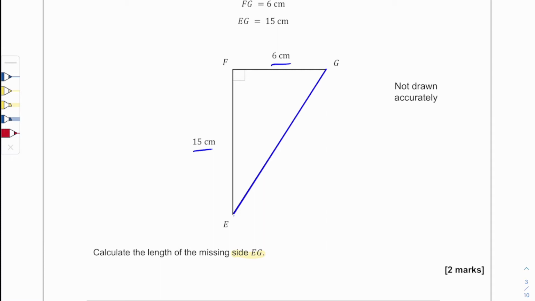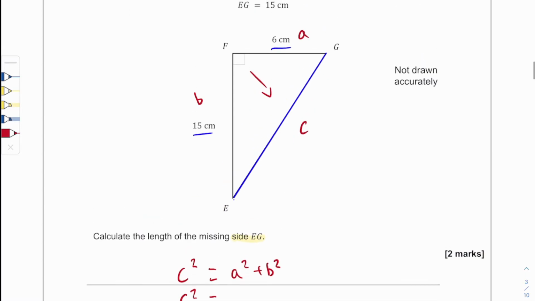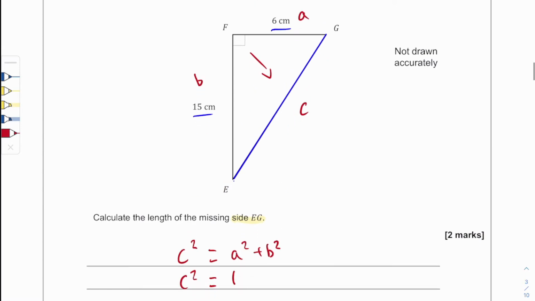Okay, so let's label our triangle. So opposite the right angle is C, and then we'll call this one A and this one B. We then write down our formula, so c squared is equal to a squared plus b squared. So c squared is equal to 6 squared plus 15 squared.